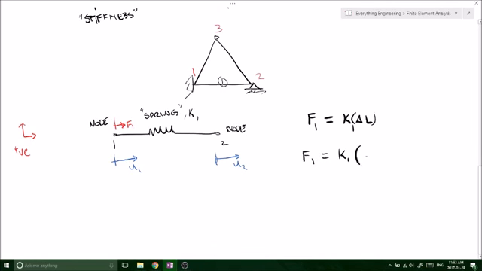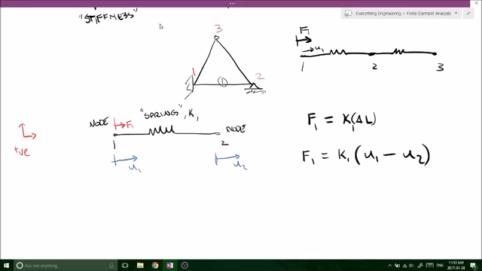And our delta L is U1 minus U2. Because if we had springs lined up beside each other in a sequence, say node 1, 2, 3, and we were to apply a force at node 1, it could displace U1.